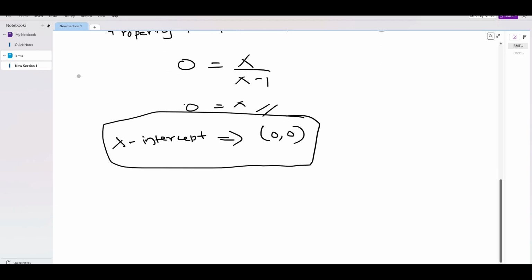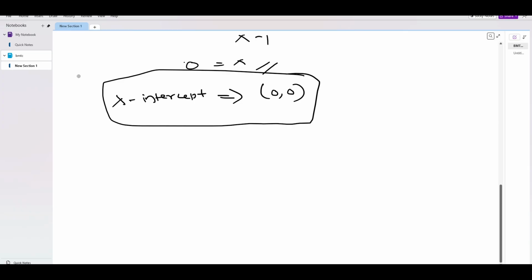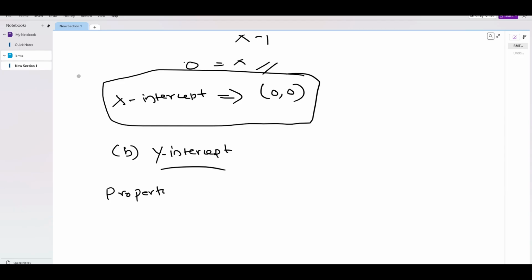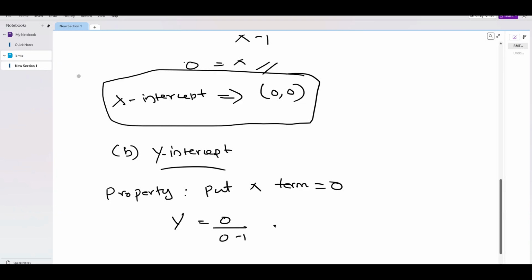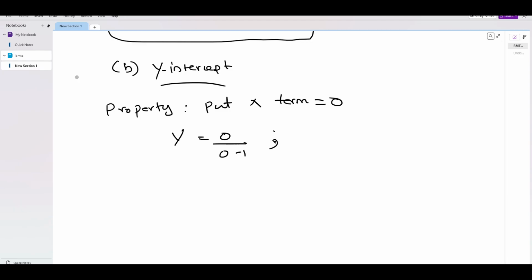The next one is y intercept. The property is put x equal to 0, y is equal to 0 by 0 minus 1, which will be y is equal to 0.